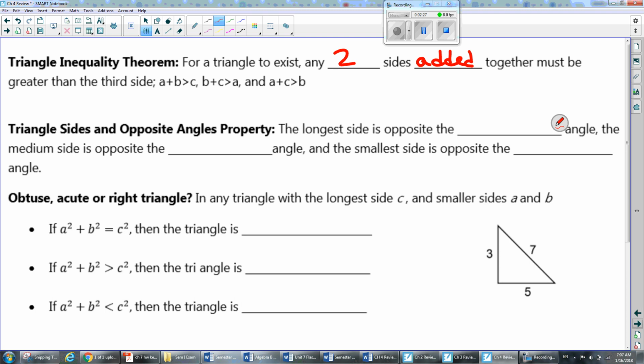So we have to test these 3 scenarios. If it's equal to or less than the third side, the triangle does not exist. Then if you think about the sides and the opposite angles, the longest side is opposite the biggest angle. The medium side is opposite the medium measure for an angle, and the smallest side is opposite the smallest angle measure.